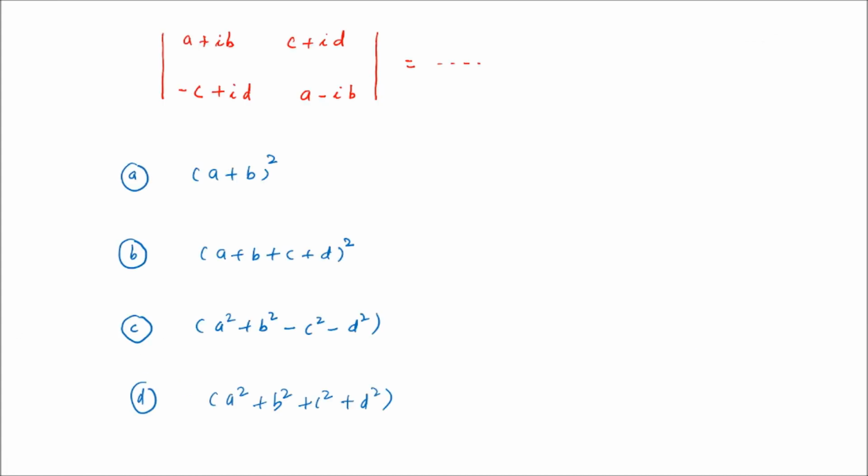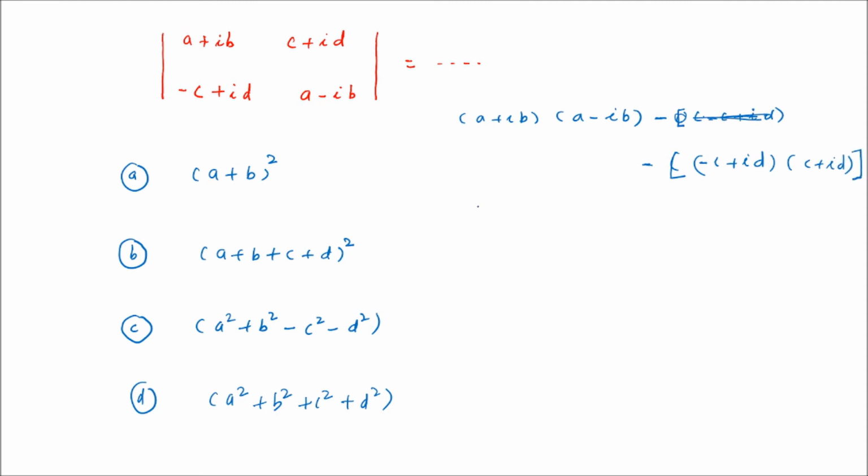Now let us see one more important question here. We have to find the value of this determinant. So let us evaluate this determinant. We'll multiply, this is equal to a plus ib into a minus ib, minus, minus c plus id, minus, multiplication of these two I can write here, minus c plus id into c plus id.